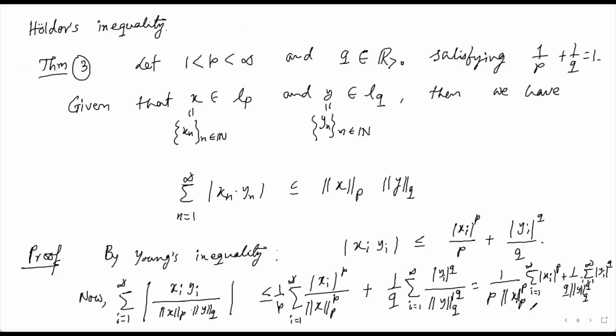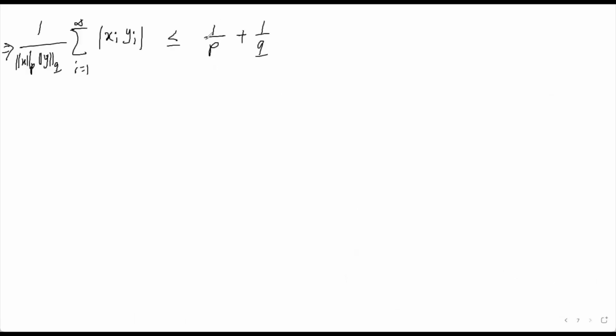Because this summation is nothing but the p norm of x to the power p, and this quantity is similarly the q norm of y to the power q, that will be cancelled out. What will remain is 1 over p plus 1 over q, and by hypothesis this is equal to 1.